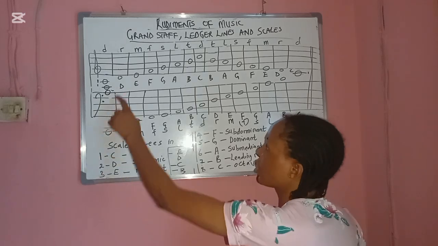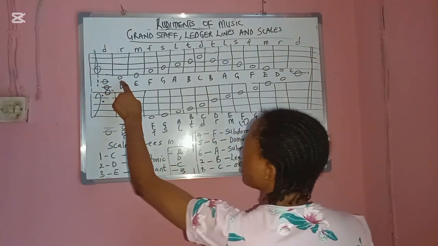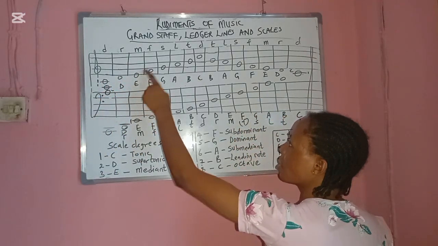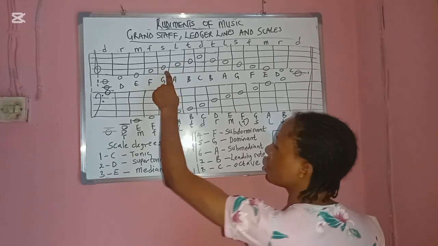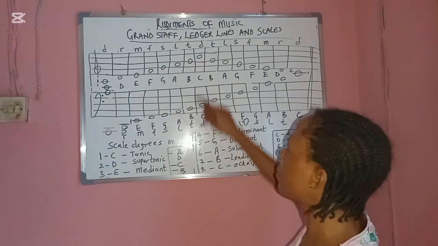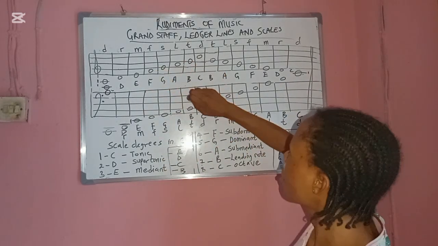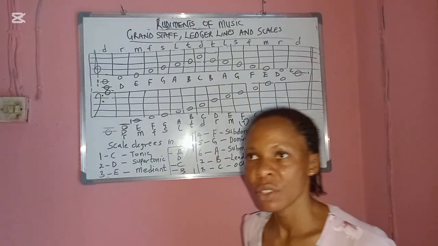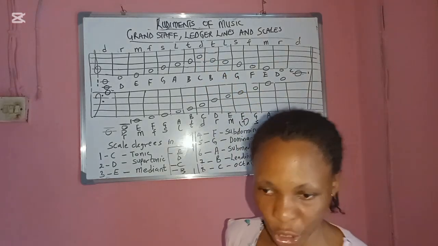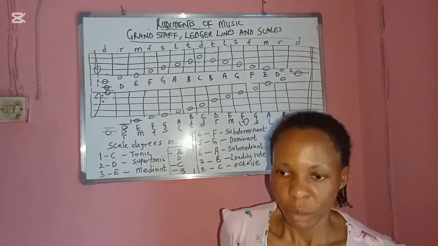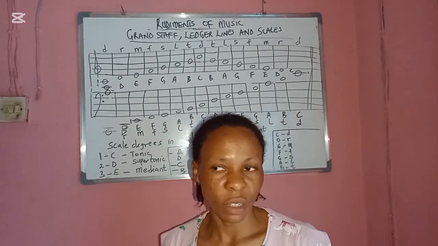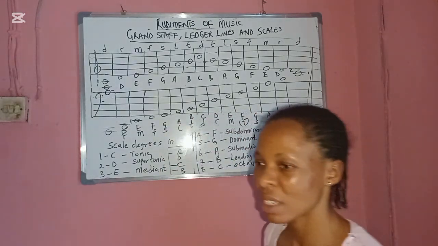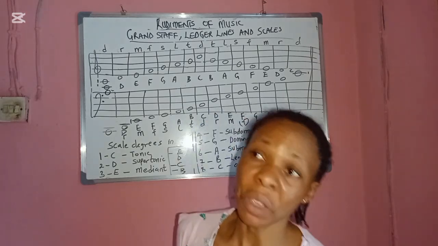So it consists of C, D, E, F, G, A, B, C, and I'm descending again. And each scale degree has its name, because I will mostly be using these scale degree names. I may not really be using mi, fa, and the others.